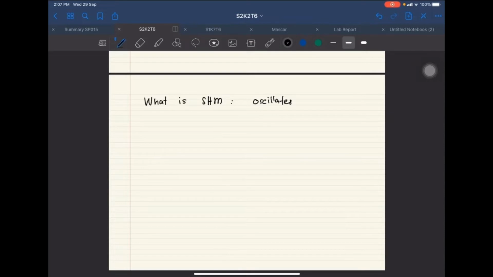A periodic motion with a loss of energy. So maybe I can change that. Oscillates is basically periodic. Periodic motion without loss of energy.